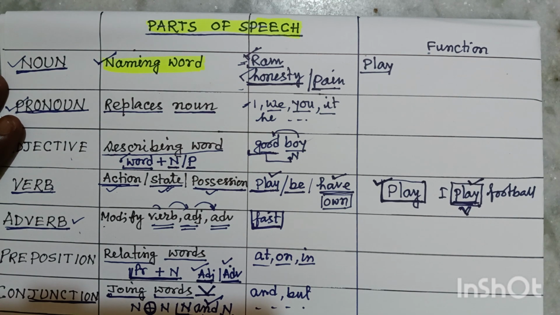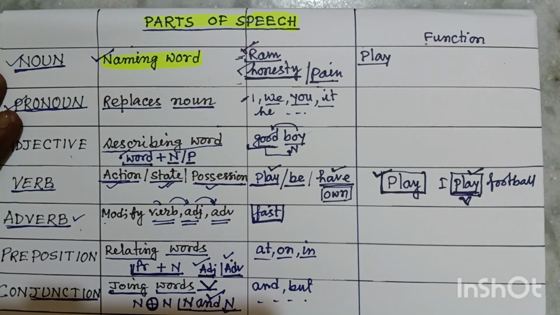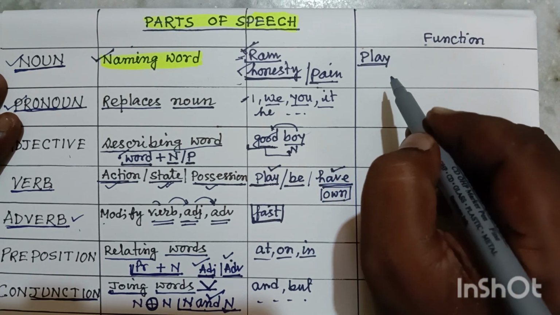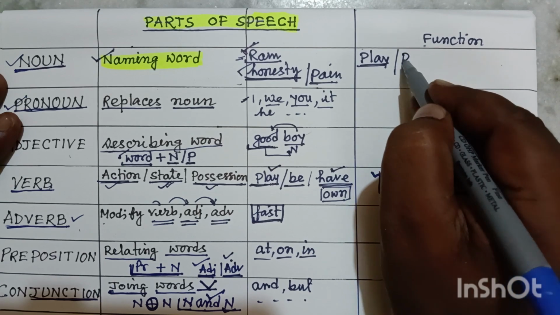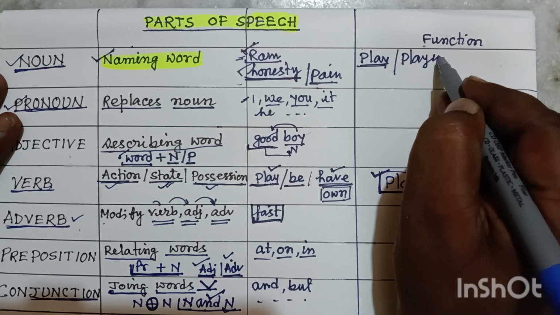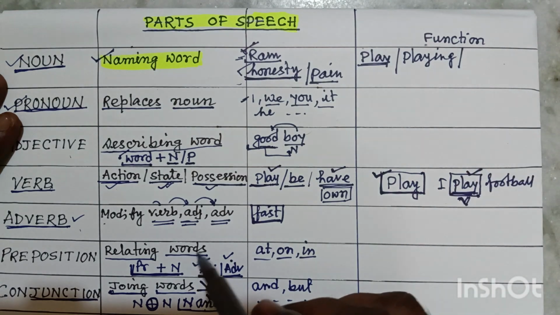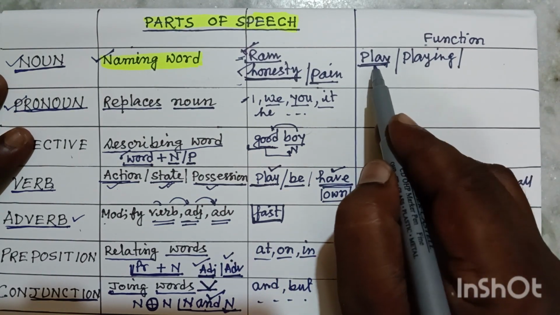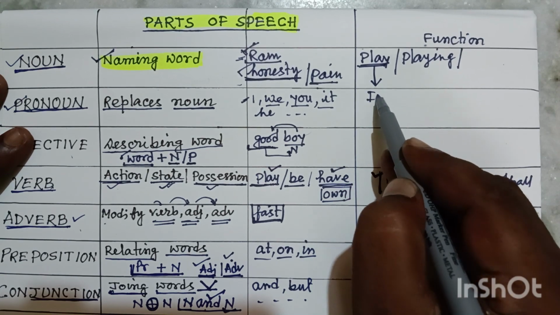As a result, it is very much easier for us to grasp or to memorize it. Friends, this term play can be used as a noun. Also playing can be used as a noun. Pronoun, we cannot use this term as a pronoun, but if we write down the pronoun, we have to write down it.